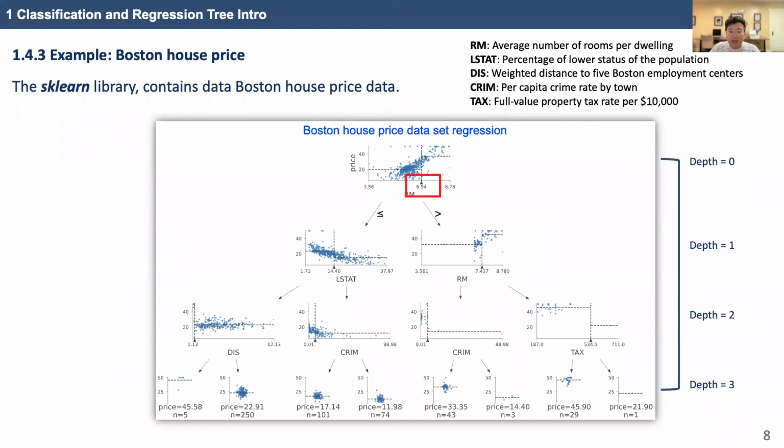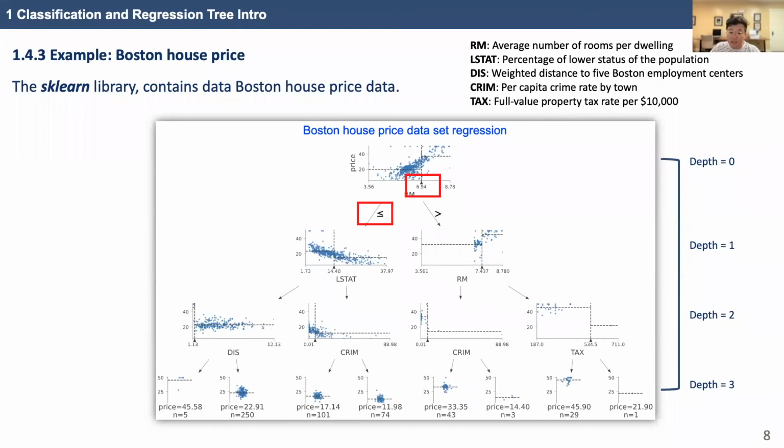So the top split assigns observations having RM, the average number of rooms per dwelling, less than 6.94 to the left branch here. The predicted price for these houses is given by the mean response value for houses in the data set with RM less than 6.94.